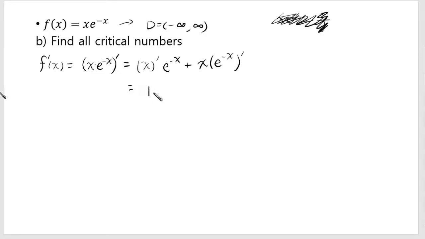x prime is 1. Now this one requires a chain rule because negative x is nested inside the e to the x function, right?